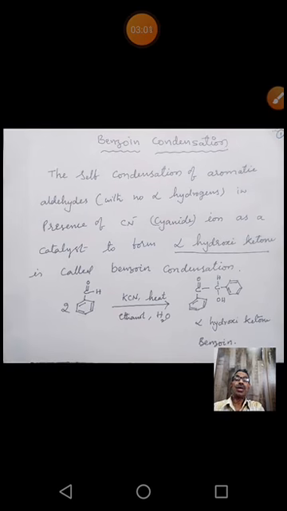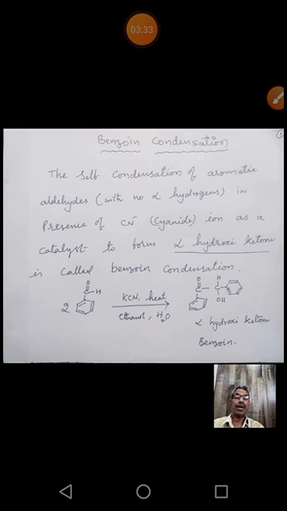In benzoin condensation, there is self-condensation of aromatic aldehydes with no alpha hydrogen in the presence of cyanide ion as a catalyst to form an alpha hydroxy ketone, which is also known as benzoin.